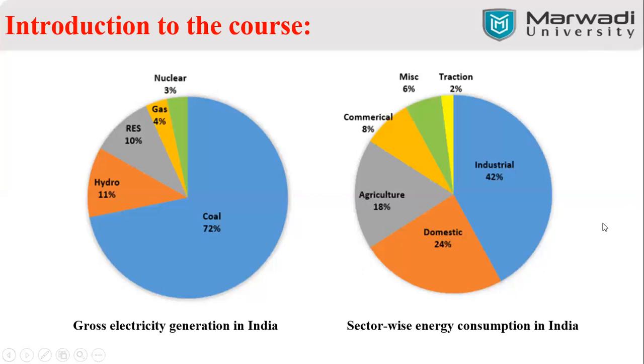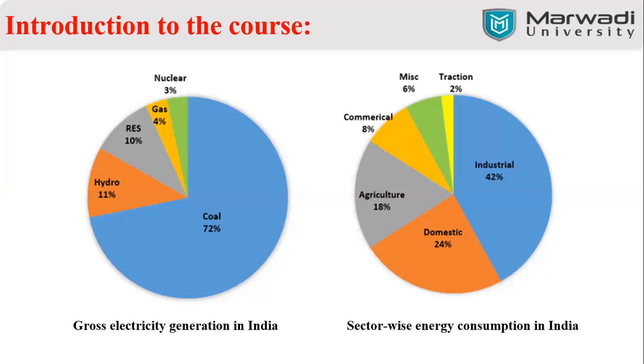So, in order to overcome this problem, definitely the growth of renewable energy should be there. If we see the present data, by 2022, India aims to generate about 175 gigawatt from the renewable energies. And in that also, if we see the contribution of solar is highest compared to the other renewable energy.